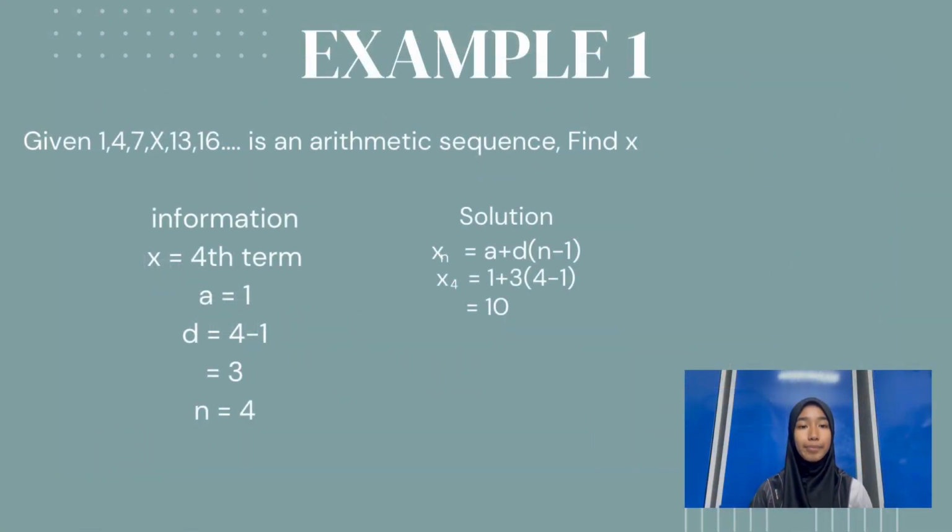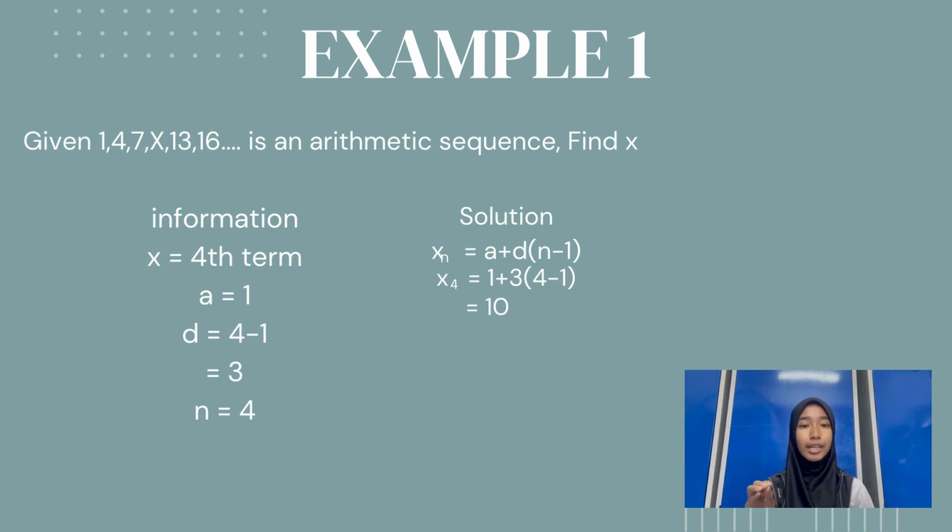So, in this chapter, we have prepared questions and examples for you to understand more about arithmetic and geometry. So, the question is, given 1, 7, x, 13 and 16 in an arithmetic sequence, find x. The information that we have is that x is the fourth term. The first term is 1 and the common difference is 3, which is the second term minus the first term.